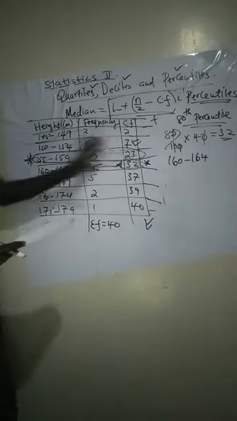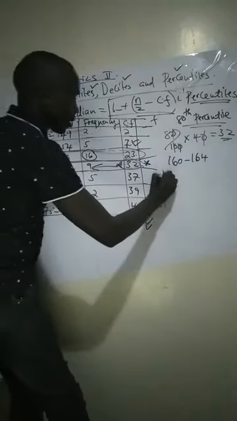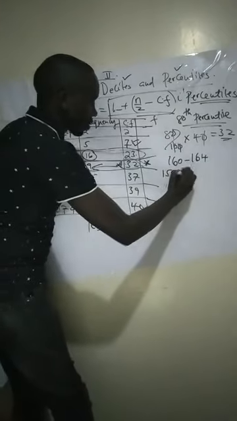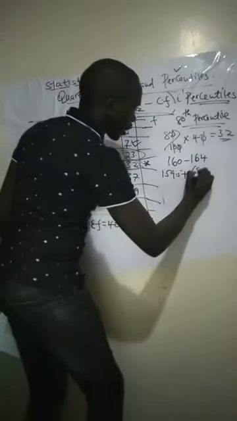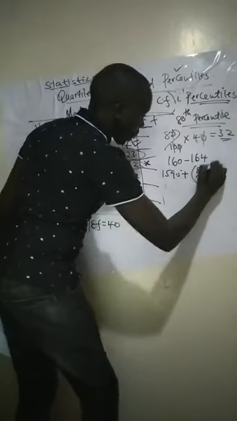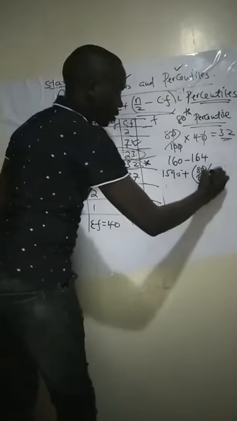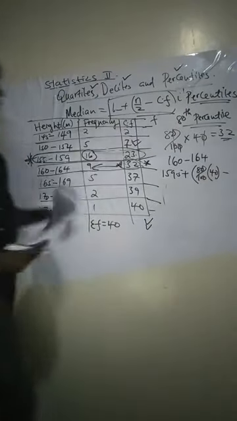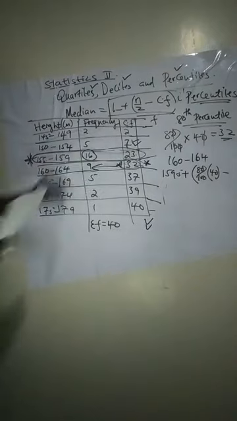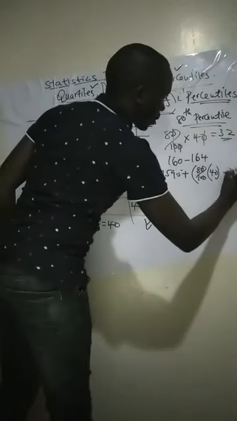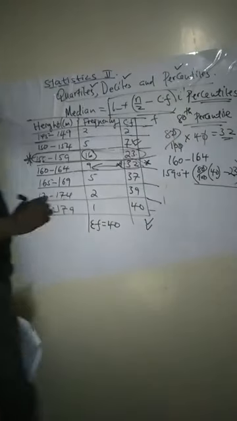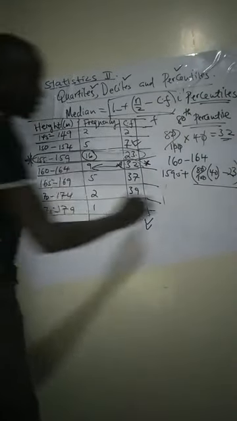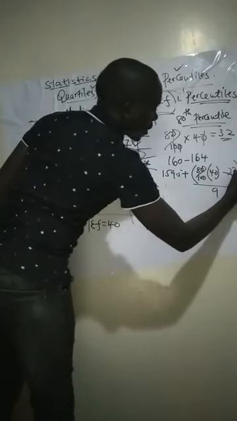Again, same approach. Lower class limit, 159.5 plus, open the brackets, 80th percentile, that is 80 over 100 times total frequency 40, minus cumulative frequency above, so that is 23, over the frequency of that class, which is 9, multiplied by the interval 5.